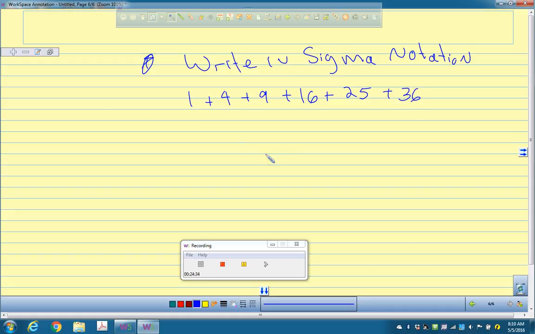So what you want to do is write this as the sum from K equals 1 to something up here of some formula. Okay, so that should be pretty easy.